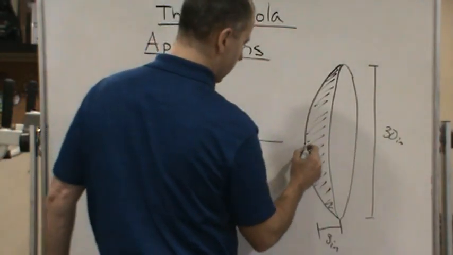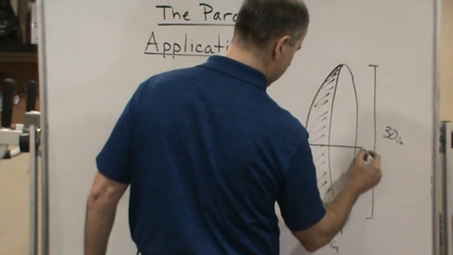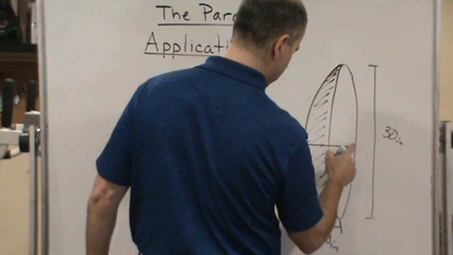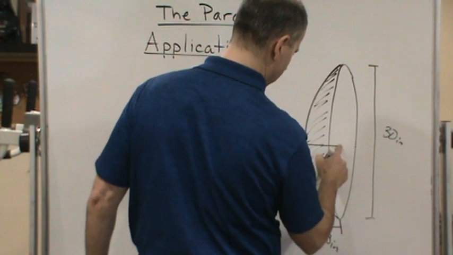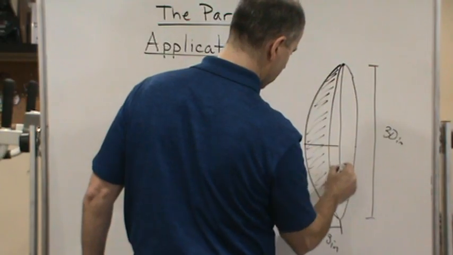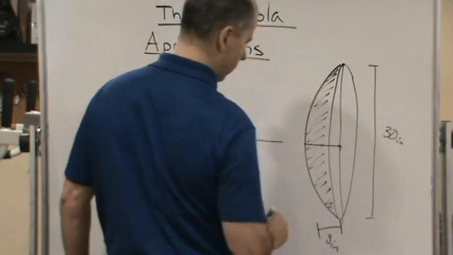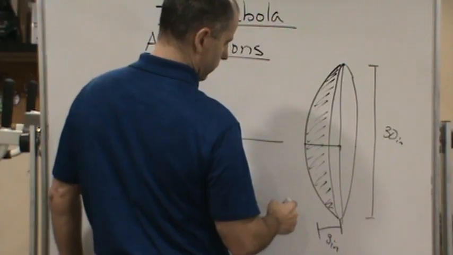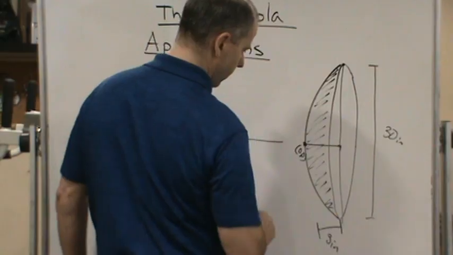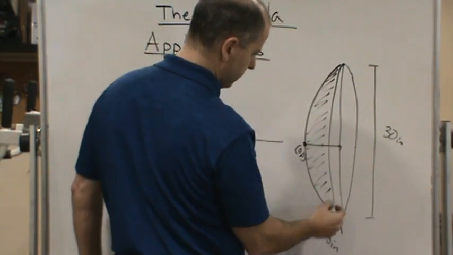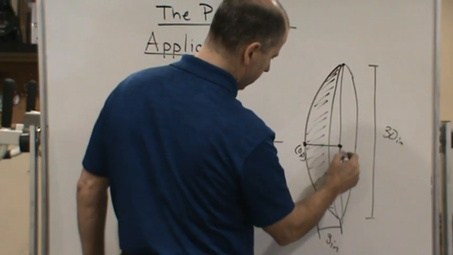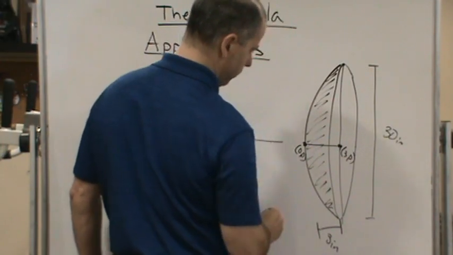So if this is 0, 0, and this is 30 inches, so that means this is going to be at what? 3, 0.